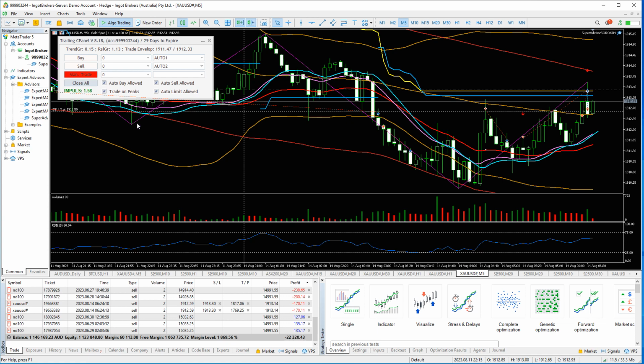Also, I would like to point out that this robot operates with Bitcoin, indexes, different indexes, gold, but not with forex. It's not with forex. Why? Because of the different range of numbers.